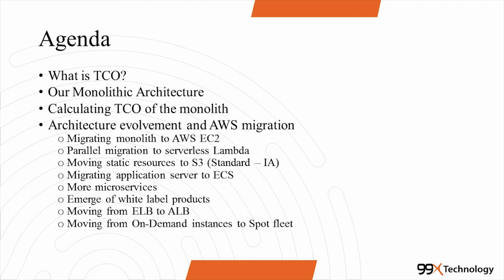So basically, to recap all the steps we discussed so far: initially, by just moving your monolith application from on-premise into the cloud, we save a lot of money. And then the second thing Manoj discussed was parallel migration to serverless Lambda, which is of course a requirement when you have an existing payload on your on-premise and are migrating to the new one.